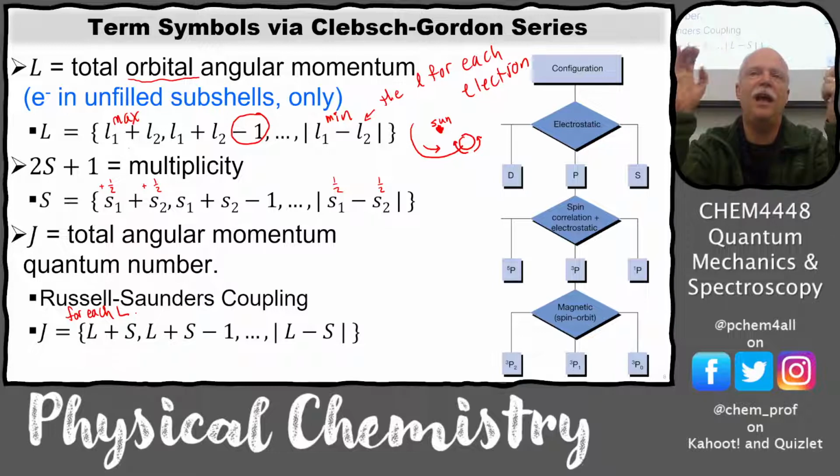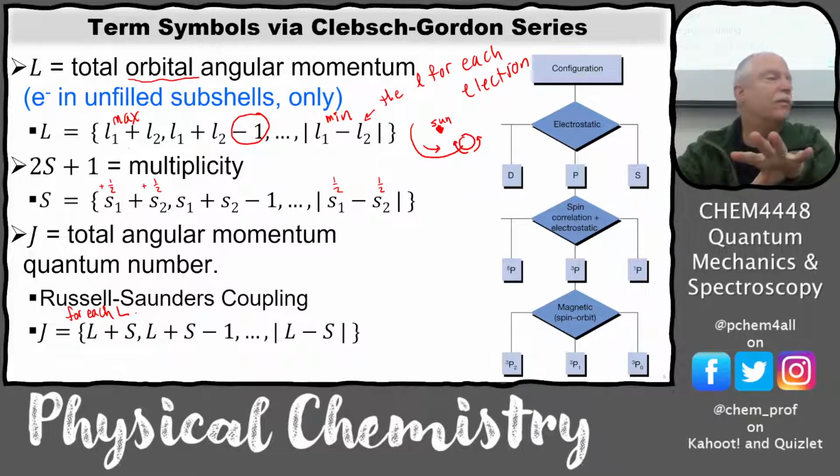If we had 3 L's in our set, for each L, we would add in S and subtract S. And then you go to the next L and do this set. And then you do the next L and do this set. So this problem does nest out a little bit, even with just 2 electrons.